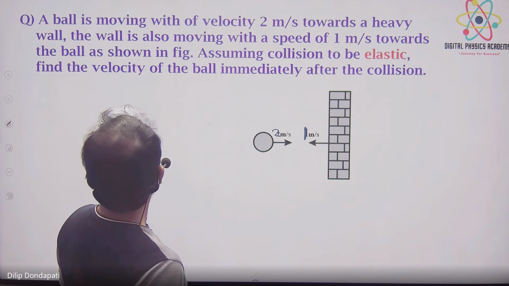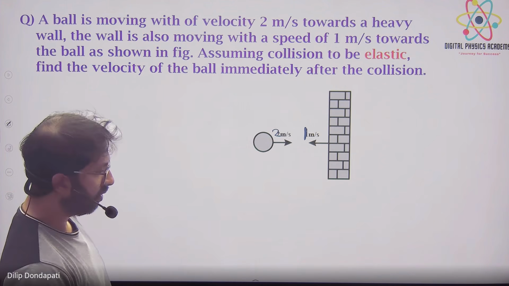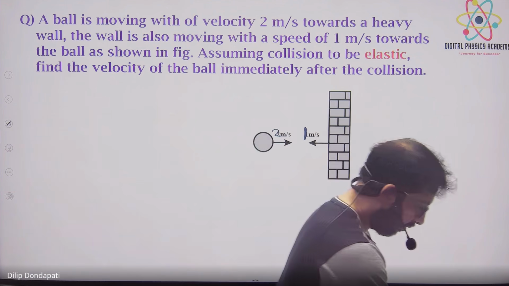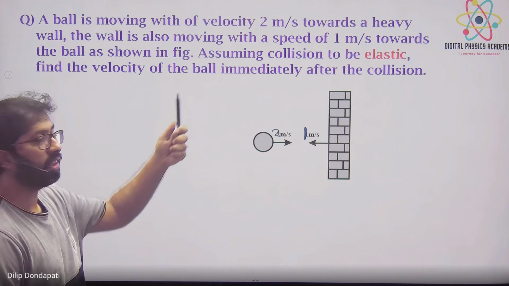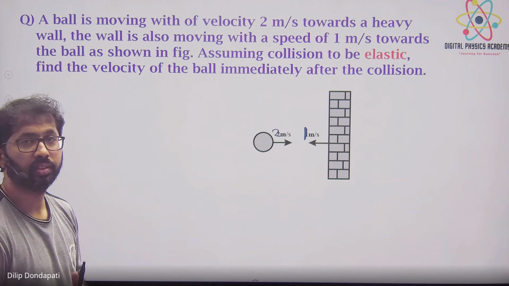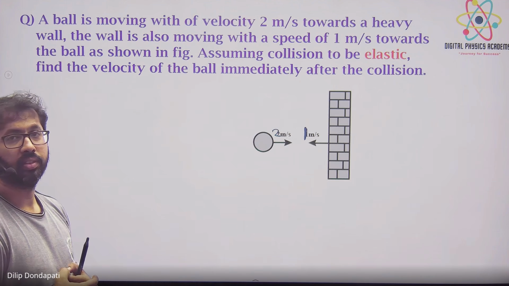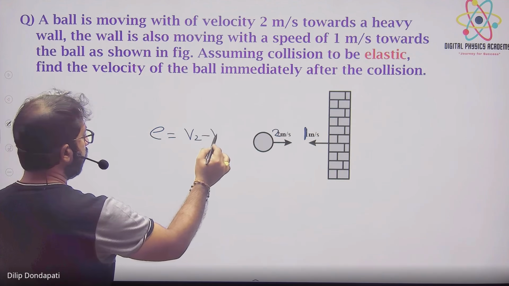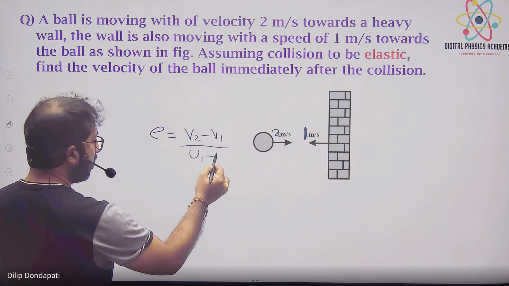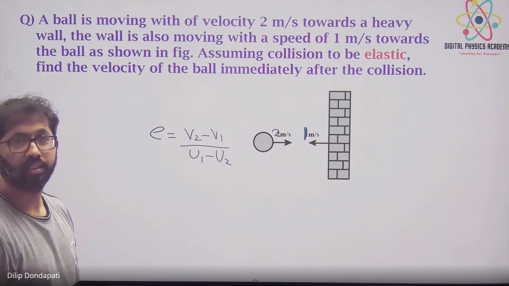No. So I can take elastic. But how do we calculate without mass? In an elastic collision, what is the value of e? 1. Then use (v2 minus v1) by (u1 minus u2). Why is mass required here? But they told us.